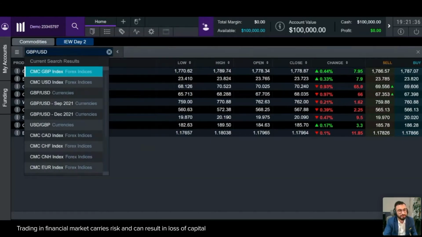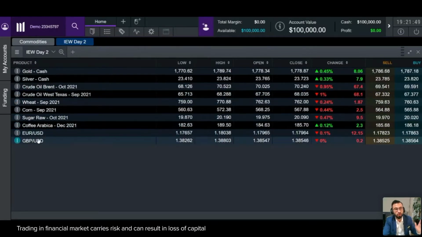GBP/USD, space. So GBP USD, it should be mentioned as GBP/USD currencies. No September, no October. It must be GBP/USD currencies, right? So you have Euro USD, you have GBP USD.